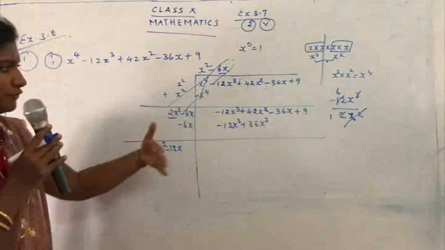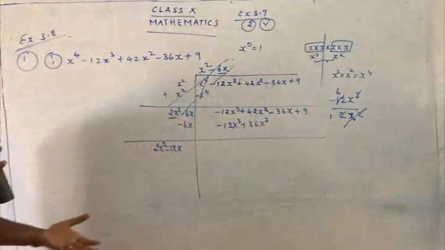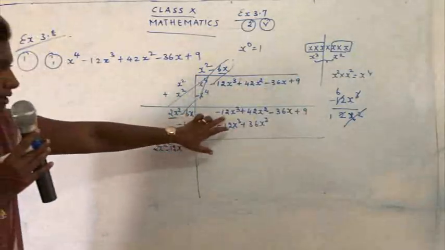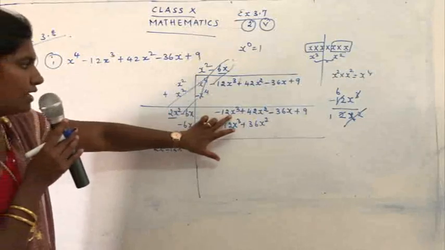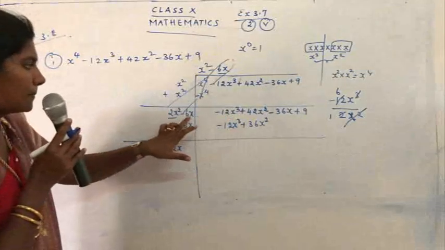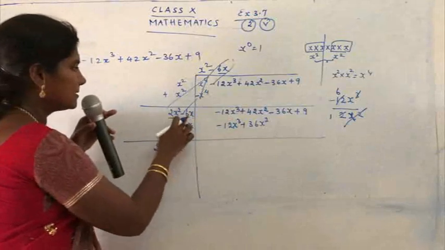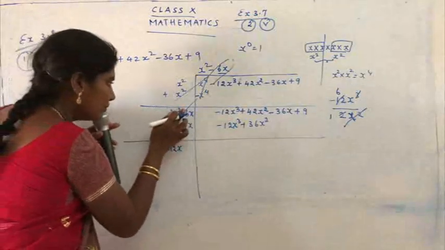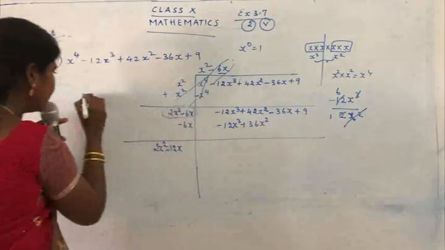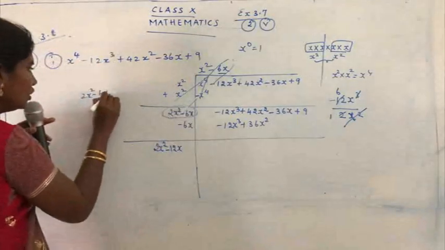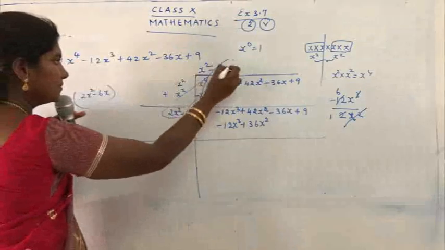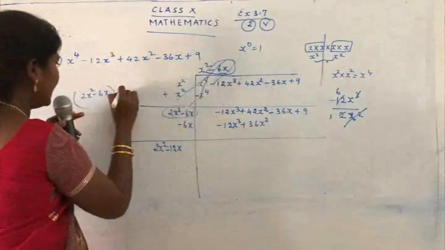Now we have to proceed to the next step. When you proceed to this next step, you have to take the first term here. What's the first term? Minus 12x cube upon 2x square. So divide it and what do you get? Minus 6x. Now your work is to multiply this 2x square minus 6x with this new term that you have got, minus 6x.